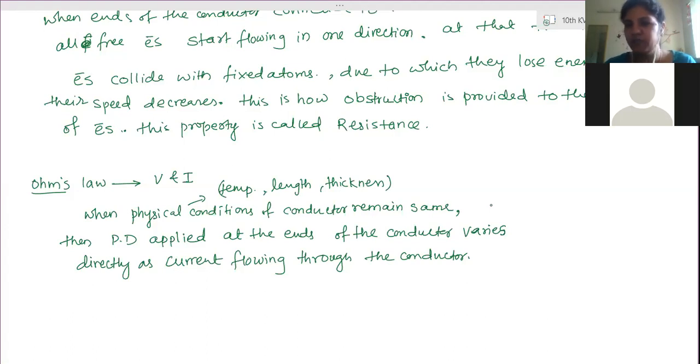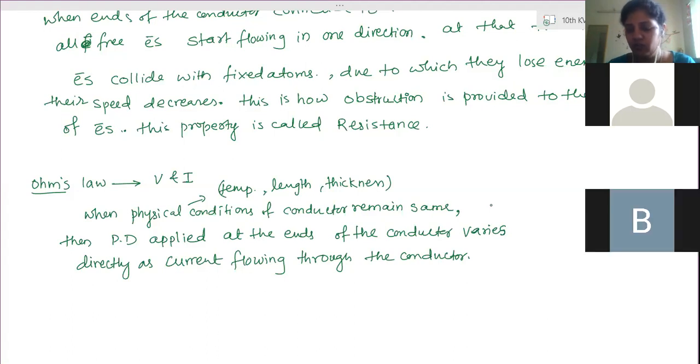We have seen, if the difference between the two ends is more, what will happen? Will the number of electrons flowing be less, more, or remain the same? Take an example of two water tanks. In one tank the amount of water is too high and the second tank has very little water.